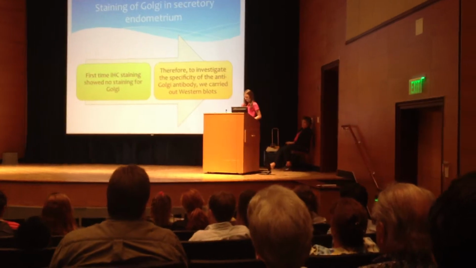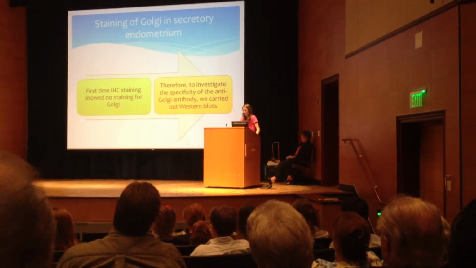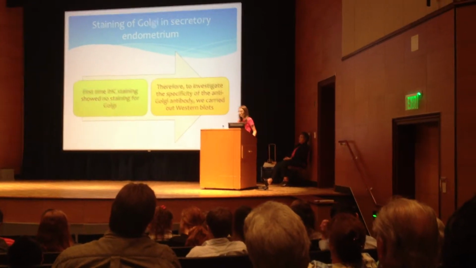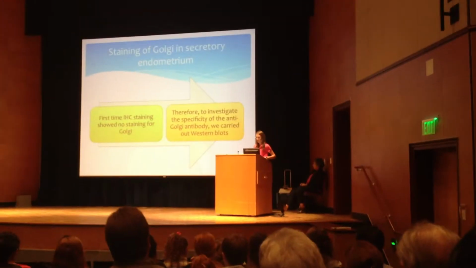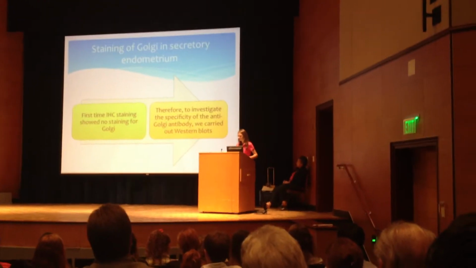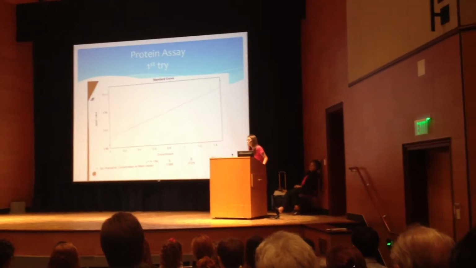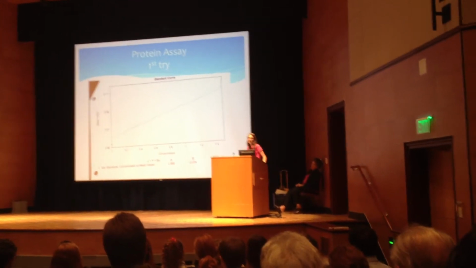So the first time we did immunohistochemical staining for the Golgi, it showed no staining. So therefore, to investigate the specificity of the anti-Golgi antibody, we carried out Western blots. But first, before you do a Western blot, you need to do a protein assay. So I have shown you the results from my first protein assay to show you my progress throughout this summer.